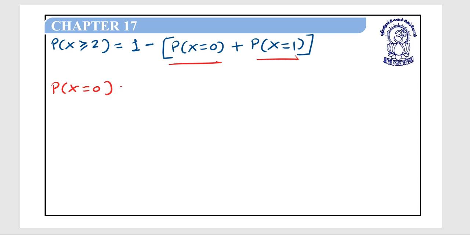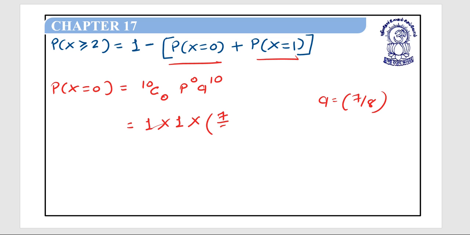X is equal to 0: 10C0 p raised to 0 q raised to 10. 10C0 is 1, multiplied with p raised to 0 that is 1, into q where q is equal to 7 by 8. Put into this, 7 by 8 raised to 10.